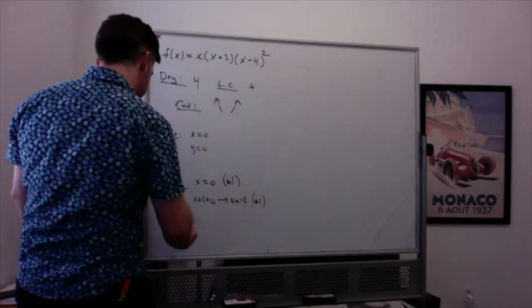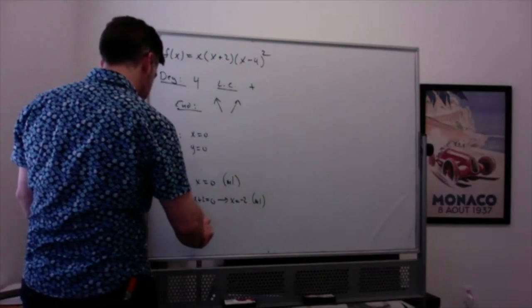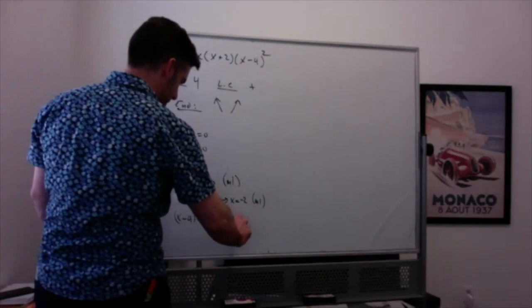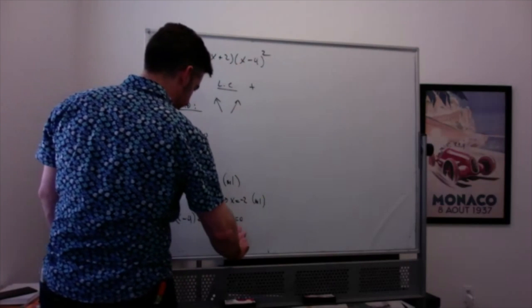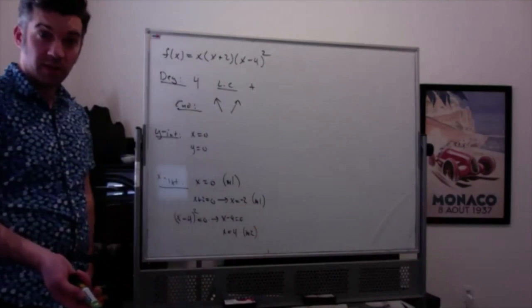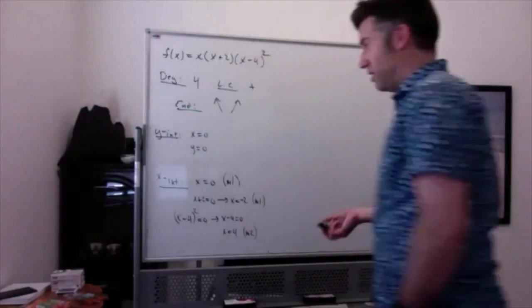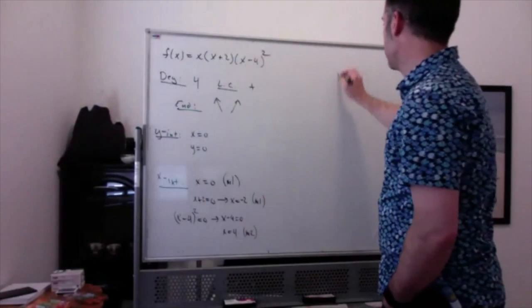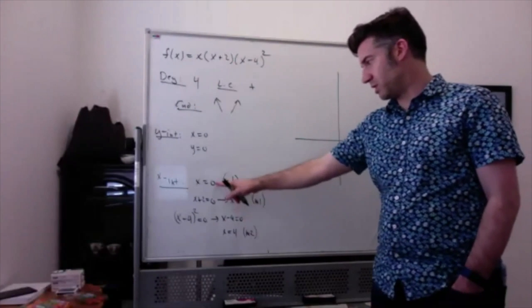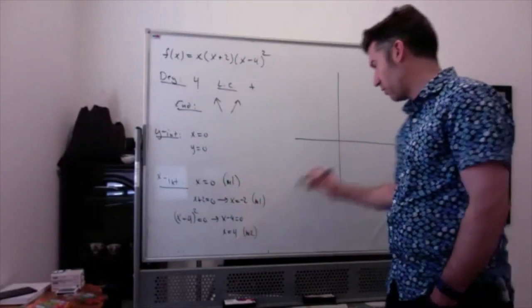And x minus 4 squared equal to 0 is going to give me x minus 4 equal to 0, which is x equal to 4, which is going to have a multiplicity of 2. So it's going to bounce there. And that's all the information we really need. So I've got my intercepts of 0, negative 2, and positive 4.